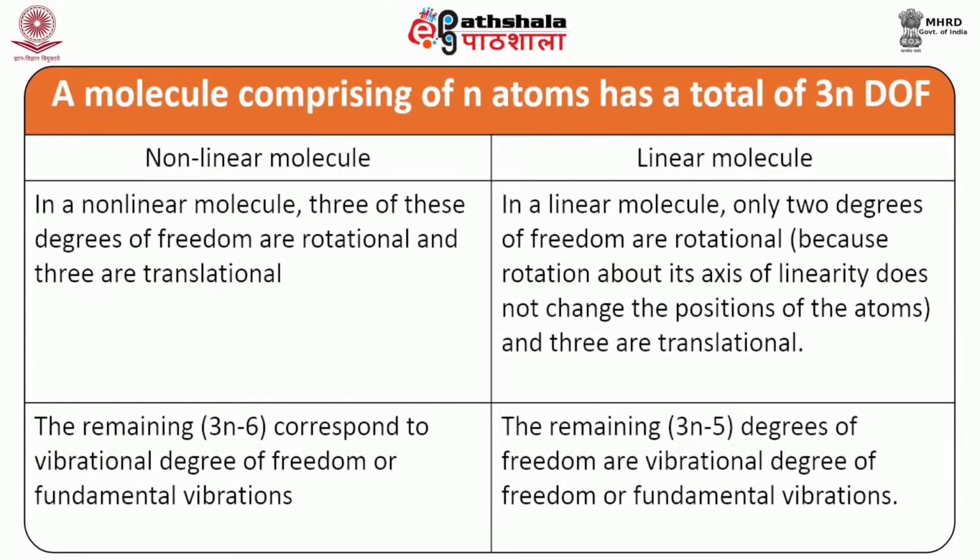In a nonlinear molecule, 3 of these degrees of freedom are rotational and 3 are translational, and the remaining, that is 3n minus 6, correspond to the vibrational degrees of freedom or fundamental vibrations.